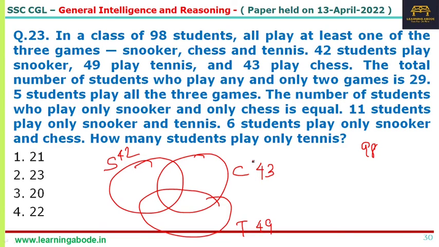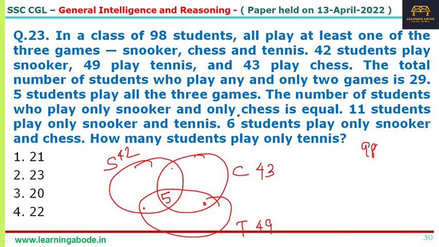The total number of students who play any and only 2 games, if you take this area, x, y and z, x plus y plus z, that will be 29, and 5 students play all the 3, the common area. Now, the number of students who play only snooker and only chess is equal.